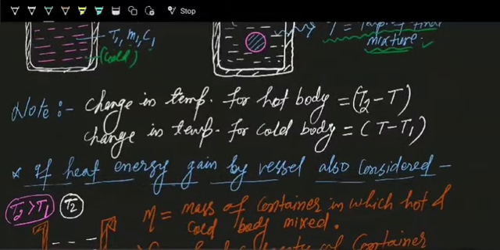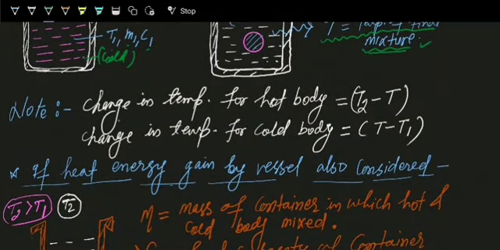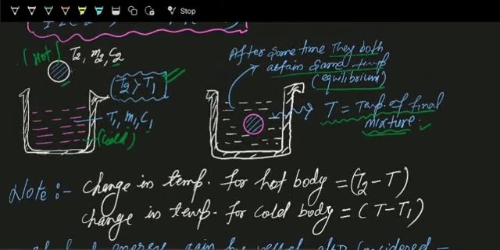Now I have written some key points here. Note the change in temperature for the hot body. The temperature of the hot body is T2, so the change in temperature of the hot body will be T2 minus T, meaning the initial temperature of the hot body minus the final temperature of the hot body.